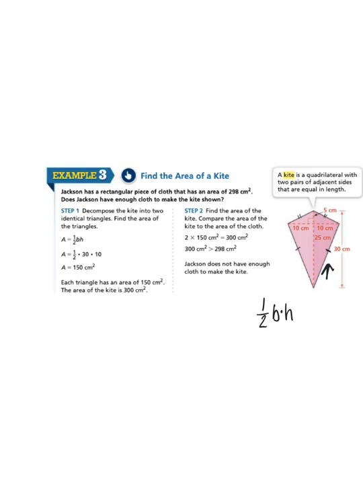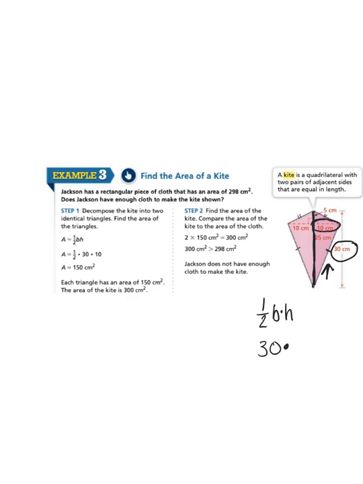We know that this bottom base of this triangle is going to be 30 centimeters. So I'm going to take 30 and multiply that by the height.